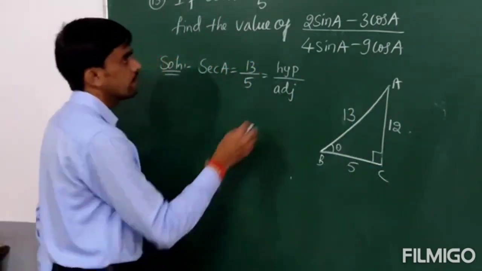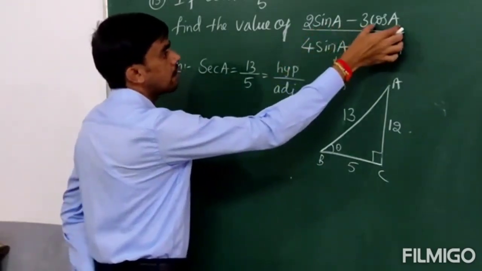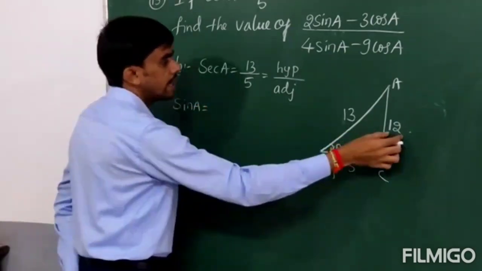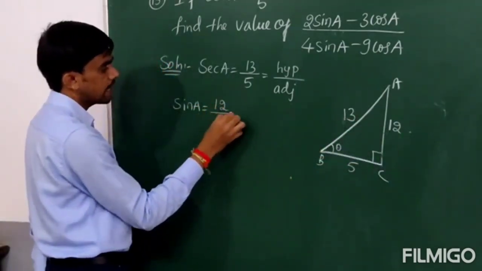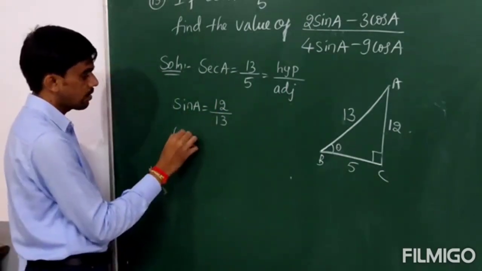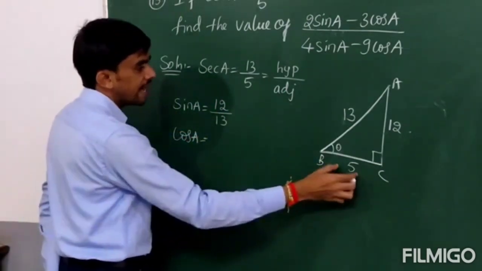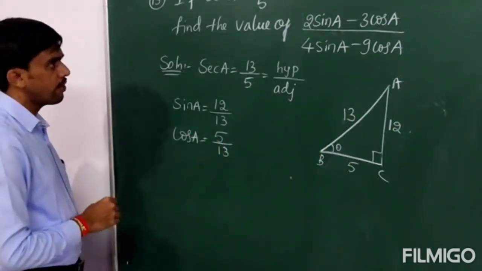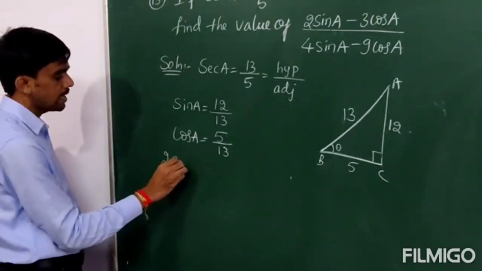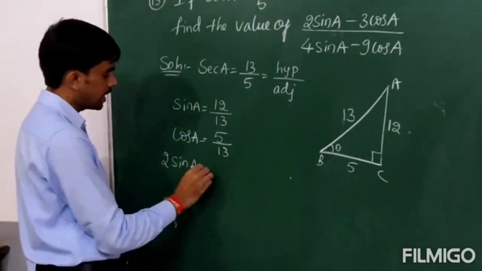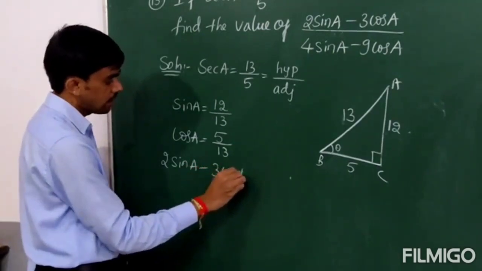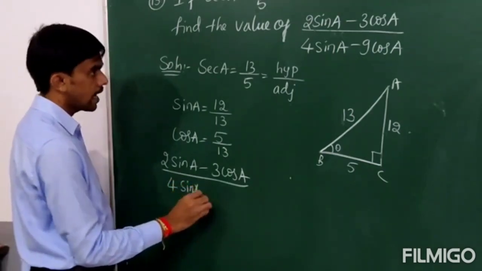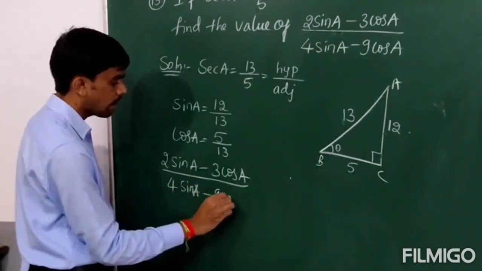Okay, so next we have to write sin A and cos A. Sin A means opposite by hypotenuse, that is 12 by 13. Cos A is adjacent by hypotenuse, that is 5 by 13. Next we have to find the value of (2 sin A minus 3 cos A) divided by (4 sin A minus 9 cos A).